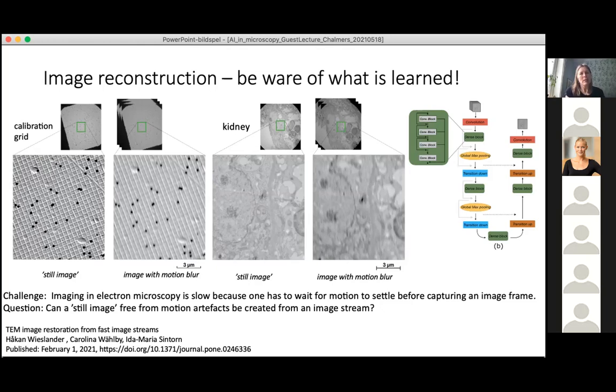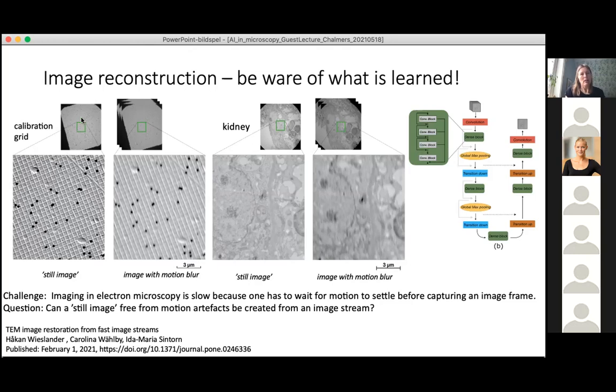So if you want to image a larger area, you need to position the right area that you want to image under the microscope, and then you have to wait a little bit for every motion induced by moving the sample to reduce, to get a nice and crisp image, which means that it takes time. In order to scan a larger sample and figure out where you might have regions of interest, it takes an enormous time if you want to stop at every place.